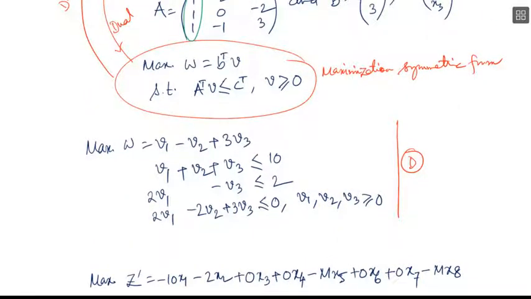In the dual problem, all the three inequalities are of less than equal to type, so we just have to add 3 slack variables.